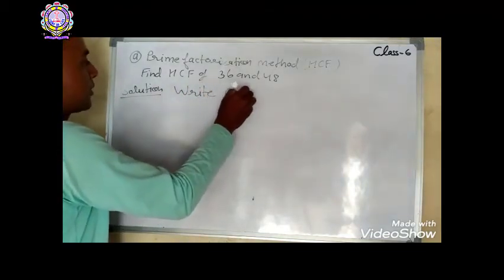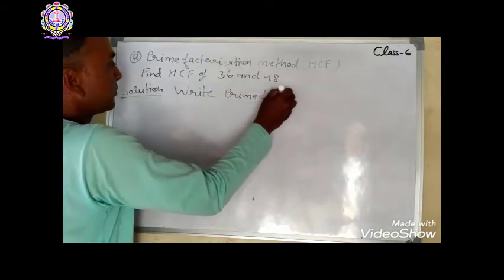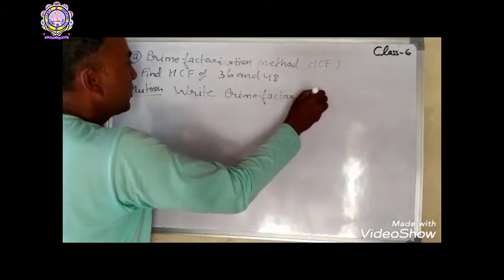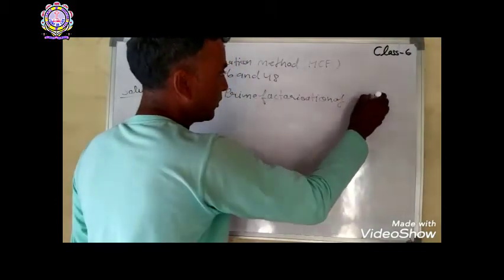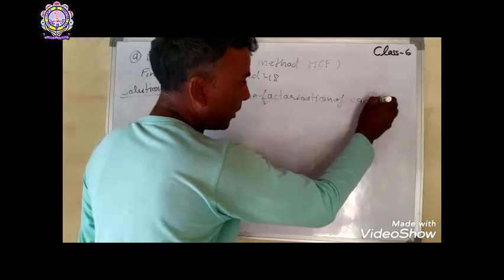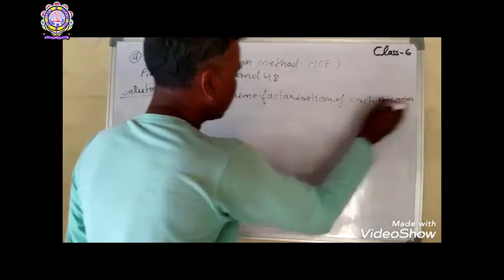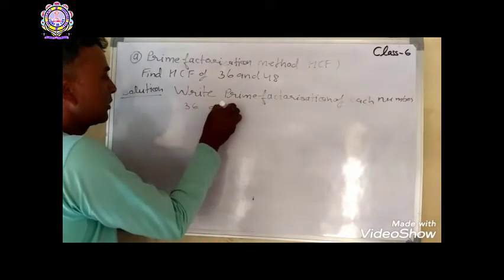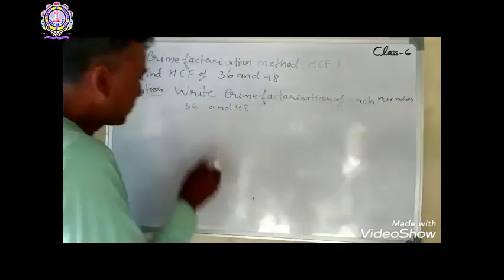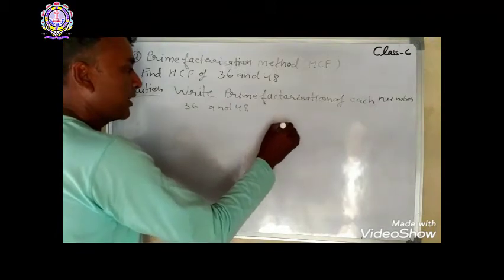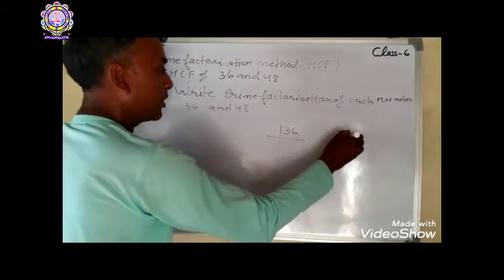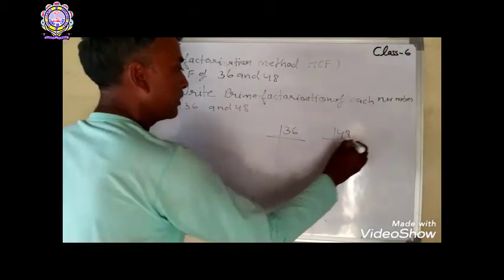Write the prime factorization of each number, 36 and 48. So find the prime factorization of 36 and 48 by the division method.